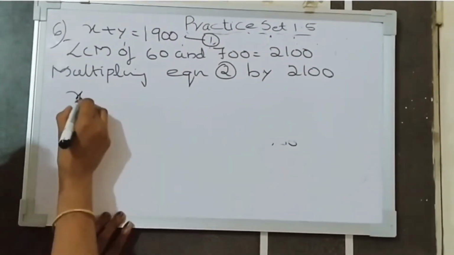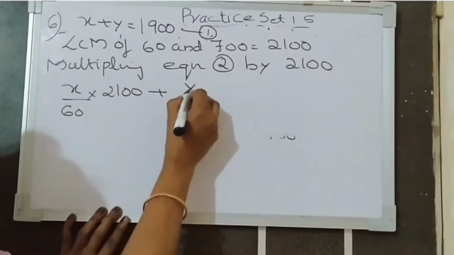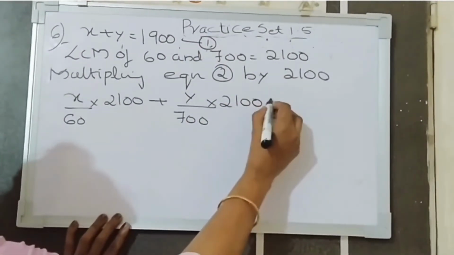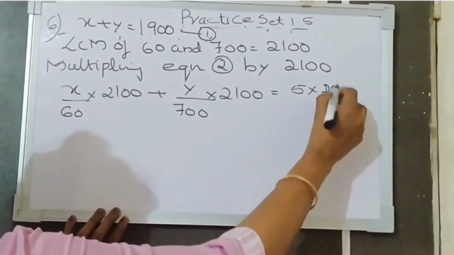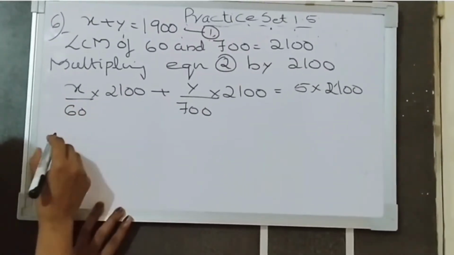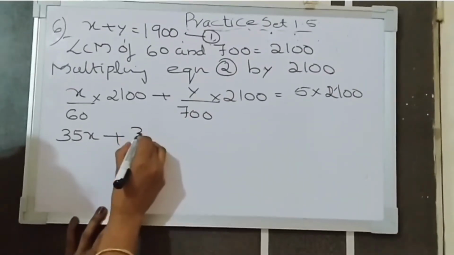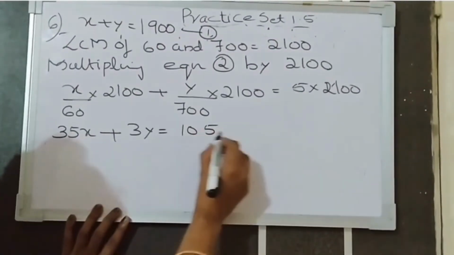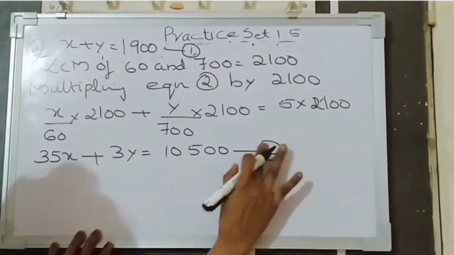Therefore, x upon 60 into 2100 plus y upon 700 multiplied by 2100 is equal to 5 into 2100. Therefore the equation is 35x plus 3y is equal to 10,500. This is equation number 3.